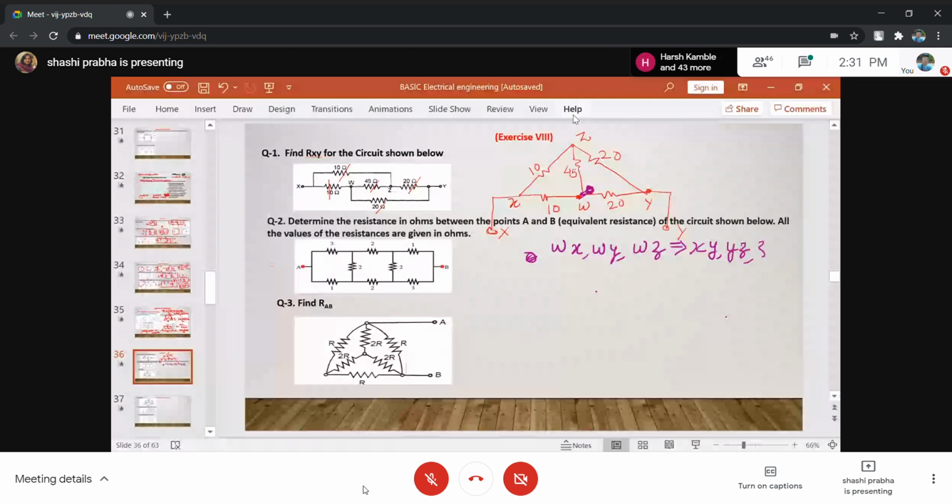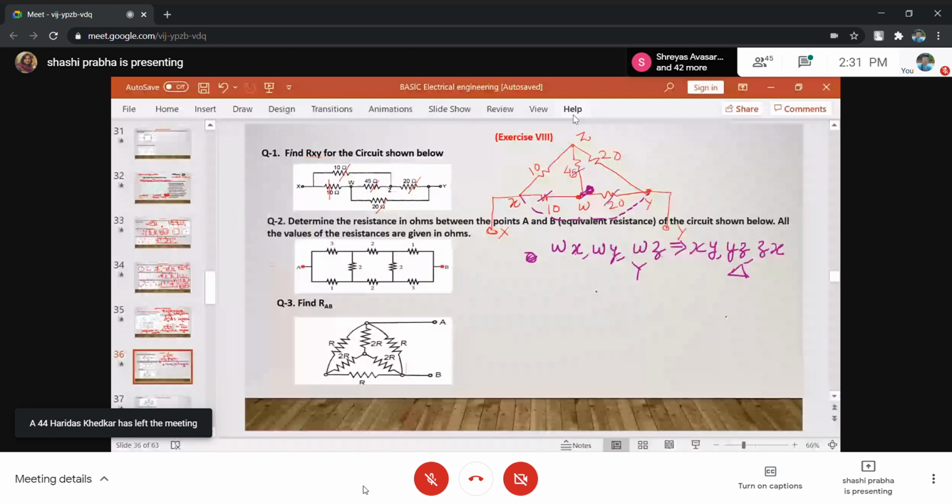So when I redraw this diagram, my XW, YW, and WZ will be going away, and we will get 3 new branches. One is XY, which is new after converting from star to delta.